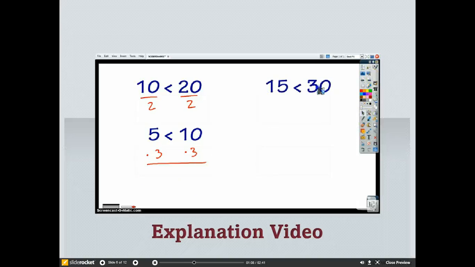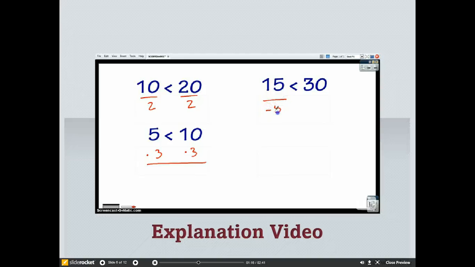Let's take this one, put it right here. And let's say we took these and divided by, in this case, -5. Well, here's where we have to be careful. In this case, 15 divided by -5 is -3. 30 divided by -5 is -6. But -3 is not less than -6.